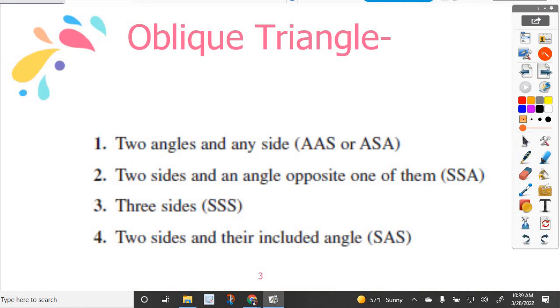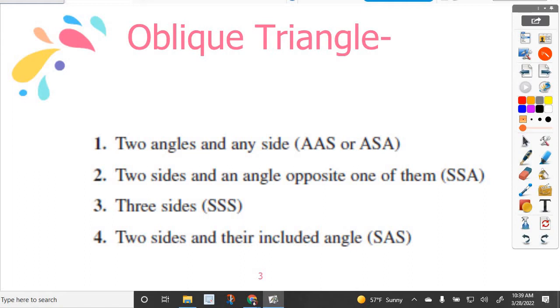So what is an oblique triangle? So there are no such things as actually wrong triangles, right? But there are oblique triangles, which means that it is a what? A not right triangle, yes.